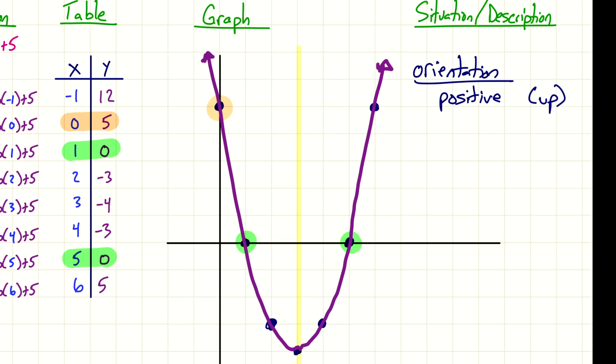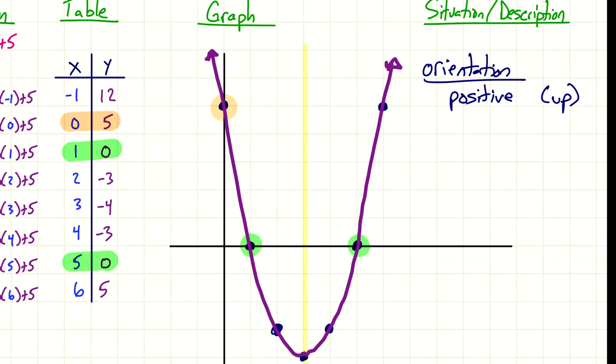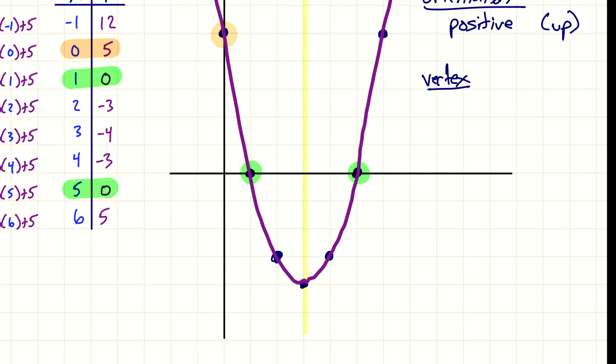What else were we looking for? Let's see. Vertex. Do we have a vertex? Where is it? Vertex is going to be, let me highlight that one a different color. So vertex is going to be at the bottom. So we just need the coordinates for this one.